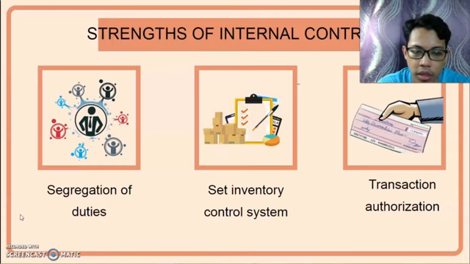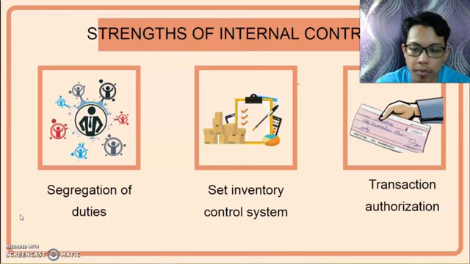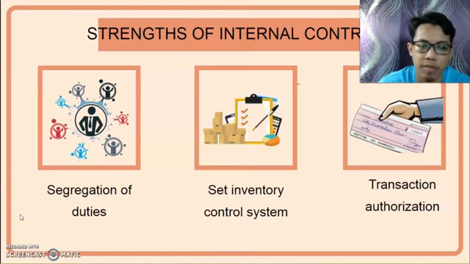Sampit and Songket Enterprise have divided duties by giving tasks to each department, such as the purchase department, inventory control department, receiving department, storeroom department, account payable department, and general ledger department.